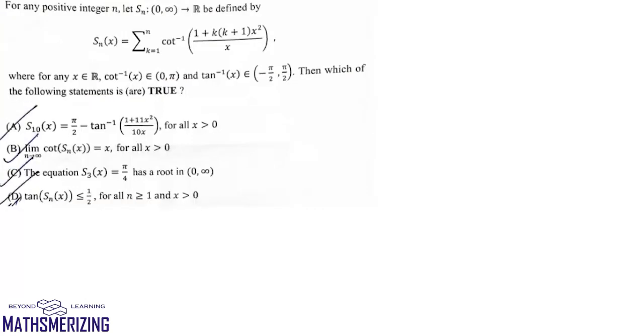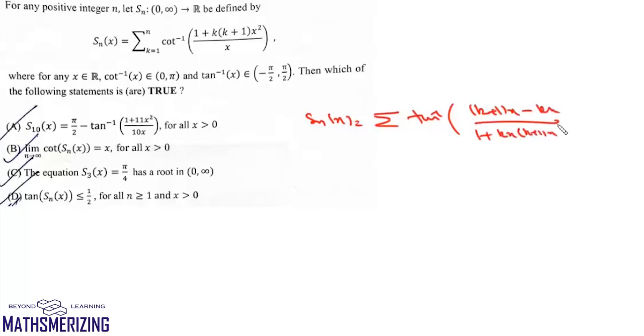Now the next question is a very standard question. We can write this S n x as this summation tan inverse of (K plus 1)x minus Kx upon 1 plus Kx into (K plus 1)x, which is this summation tan inverse (K plus 1)x minus tan inverse of Kx.